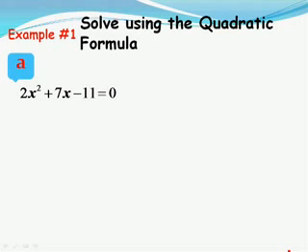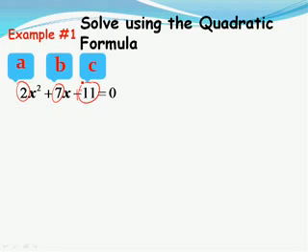Coefficient a is 2. Coefficient b is 7. And the coefficient c is -11. You always have to watch for the sign when you're stating coefficients.